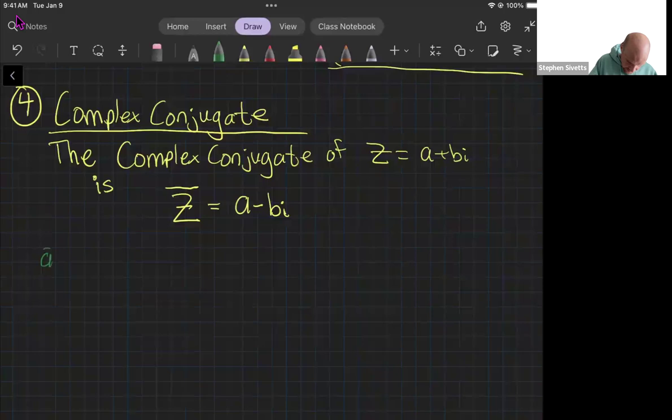As an example, the complex conjugate of Z equals 3 plus 2I is Z bar equals 3 minus 2I.